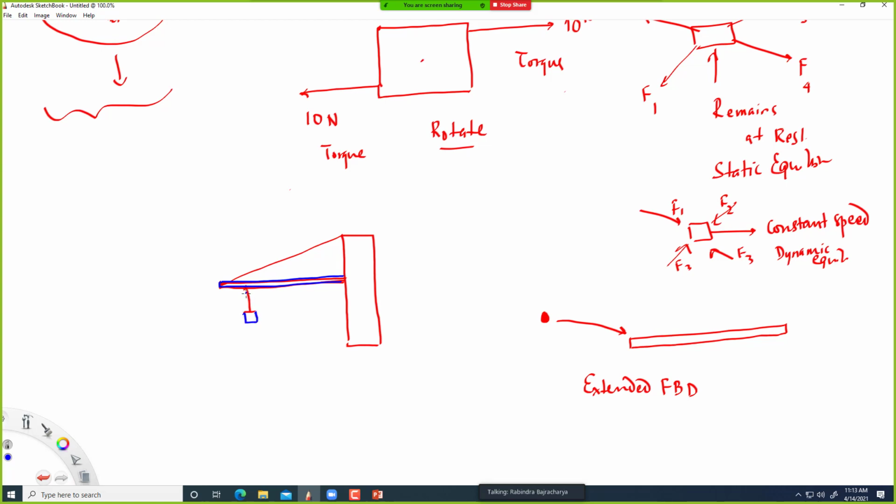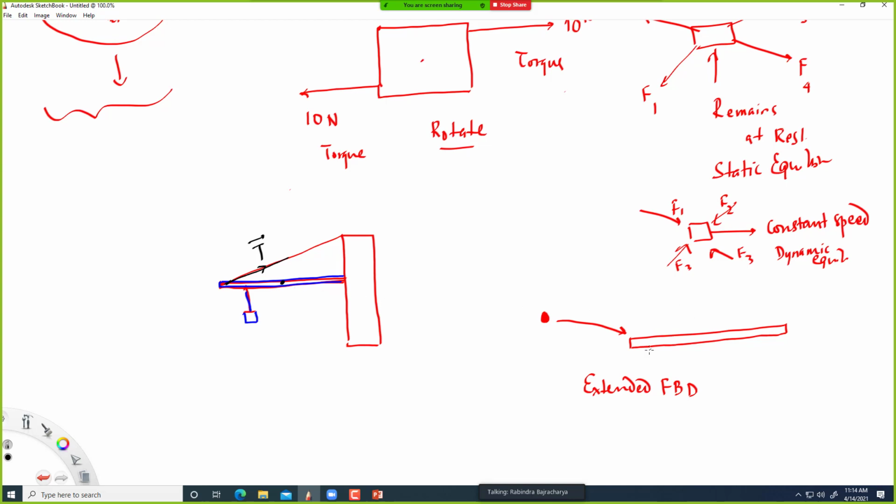So what are the forces acting on the rod? Let's think about that. Can you think of forces acting on the rod? Yes, there is tension due to this cable. So this is T. There is also the weight of the beam.